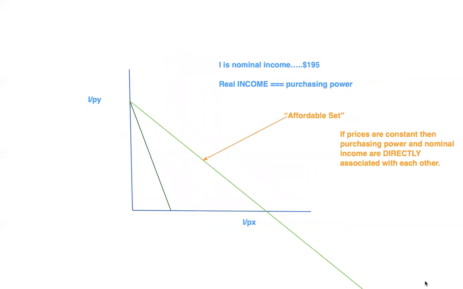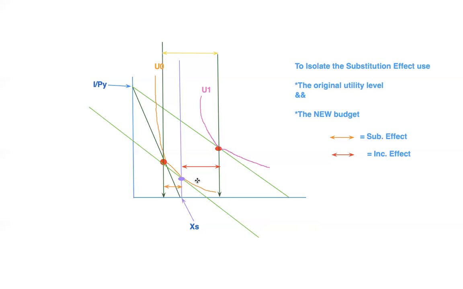So that's the exercise going on here: we're erasing the impact of increasing the purchasing power of the consumer by lowering the price of X, by constructing this fictional budget constraint that holds the consumer to the same level of utility.